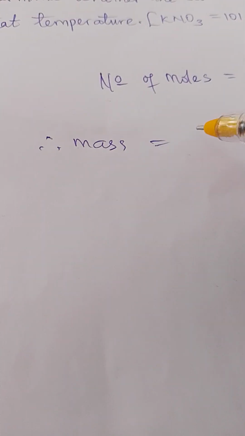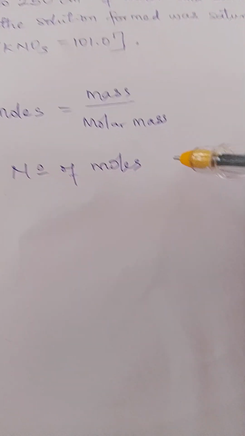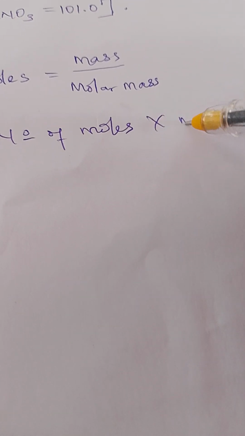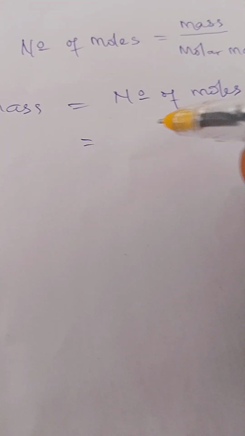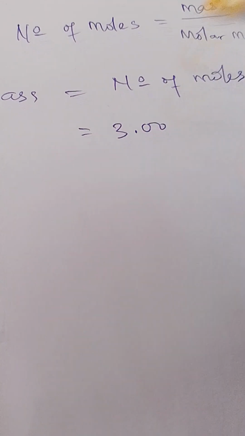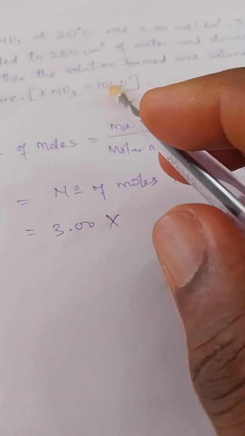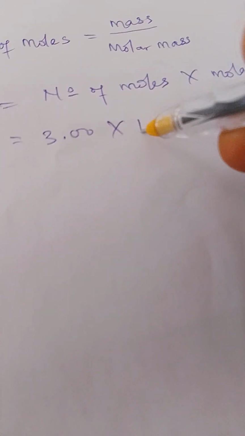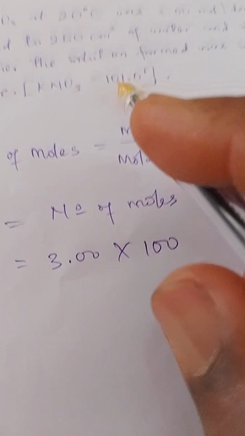So what I will do here, I will say therefore mass will be equal to number of moles times molar mass, when you make mass the subject of the formula. The number of moles given to you here is 3.00, forget about the mole per dm cube for now, times the molar mass given to you, which is 101, sorry, it's 101.